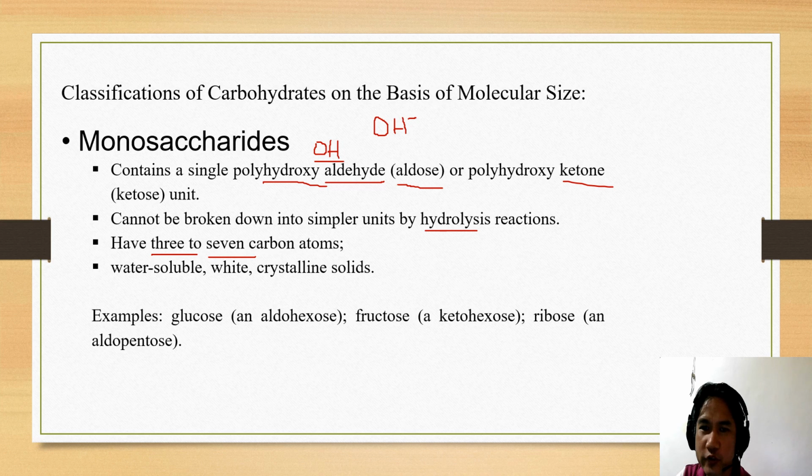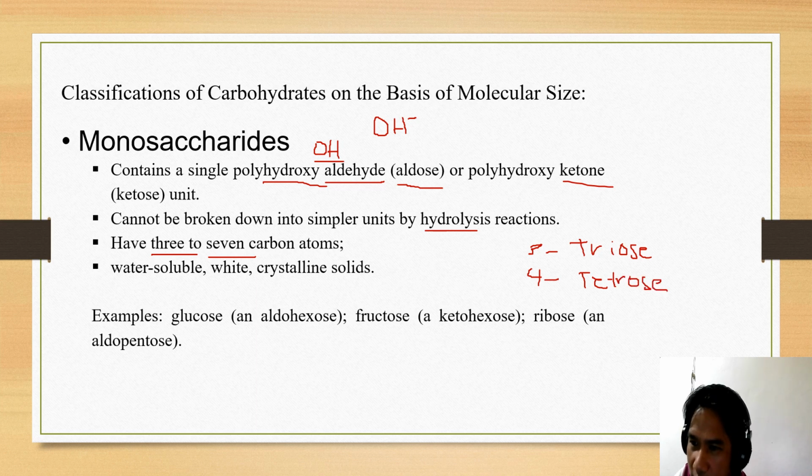Alright, so when we say 3 carbon atoms, we call them triose. 3 carbon atoms stands for triose. So let's write here 3 for triose. Tri means 3. A monosaccharide that contains 4 carbon atoms, we call that tetrose.